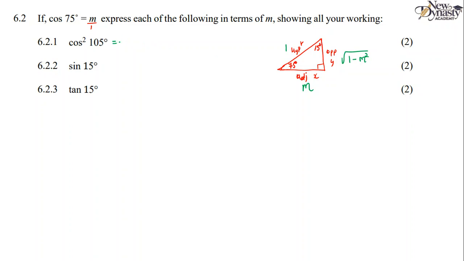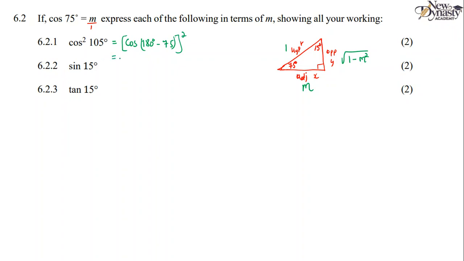So we're going to go on and say this is equal to cos 180 minus 75, and it is squared, so everything should be squared. So I'm going to need some brackets outside so that we square everything there.